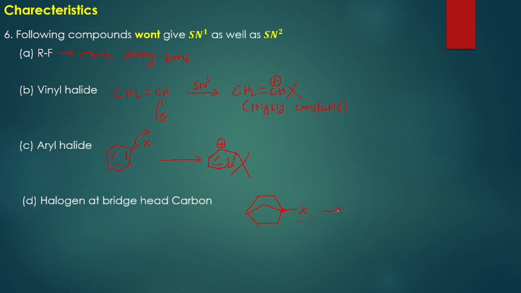Now tell me students, at bridgehead carbon, can the carbocation exist? No, carbocation never exists at the bridgehead carbon, right? So at bridgehead carbon, positive charge never exists. That's why this reaction is also not possible.